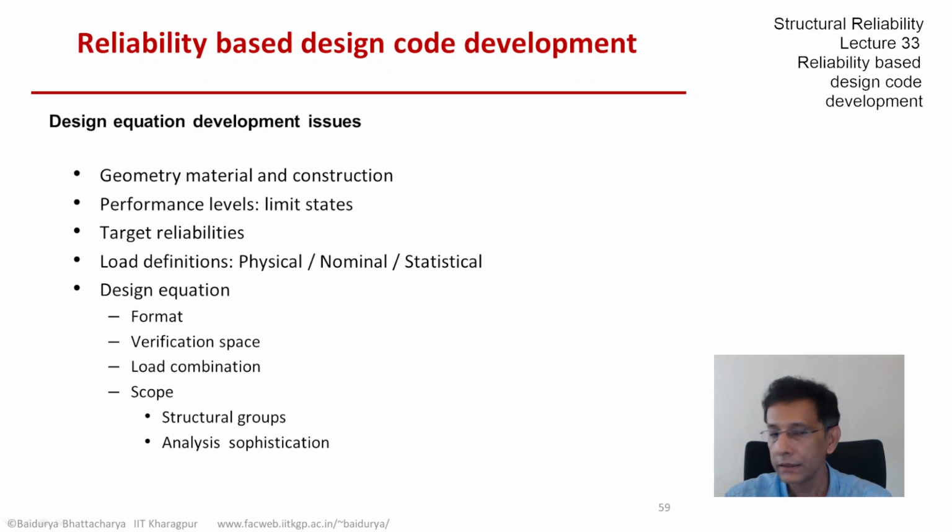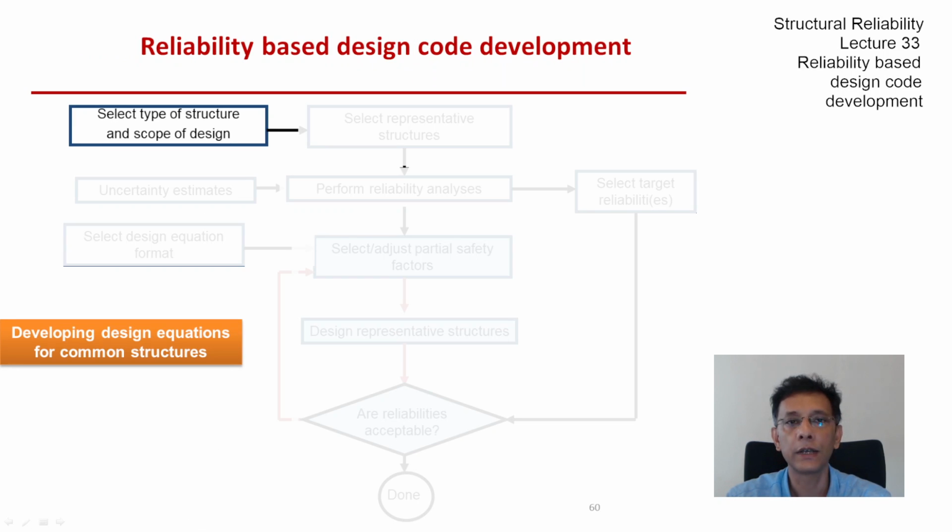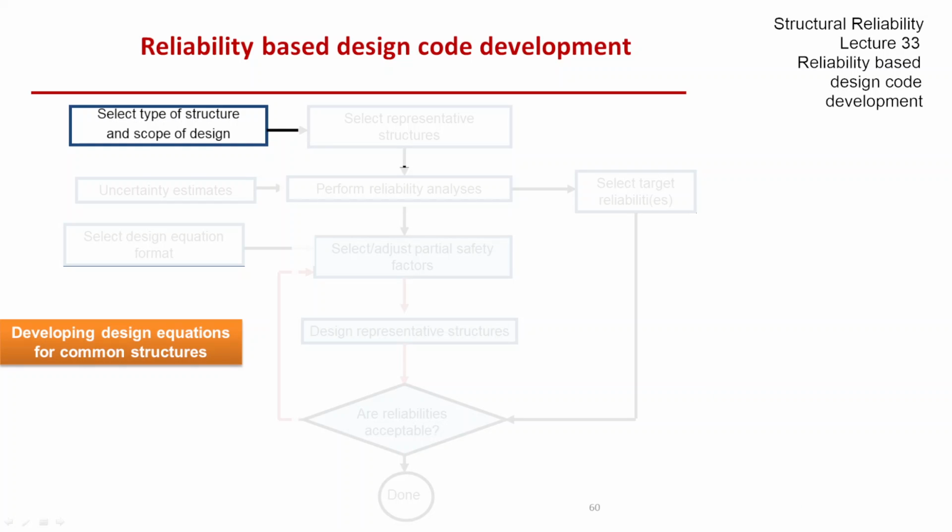Now that said, let us describe the steps that can be followed in general for developing design equations for common structures. Again, we are talking about structures or members with whom we have enough experience, and at least we know what works and what doesn't work, and we have a clear understanding of what constitutes satisfactory performance and what does not.